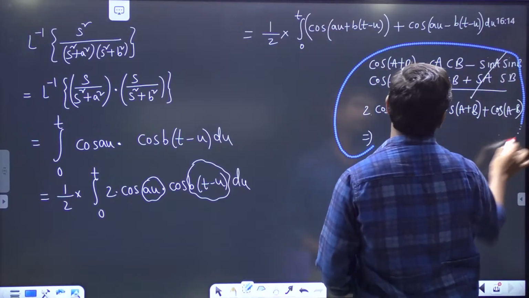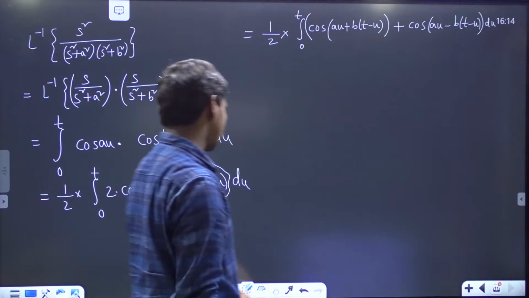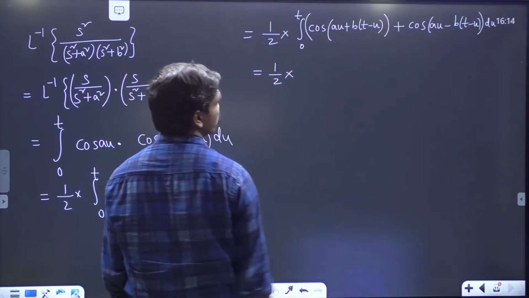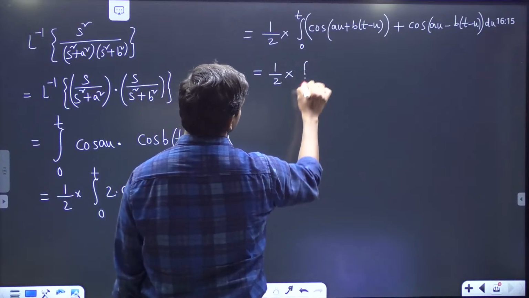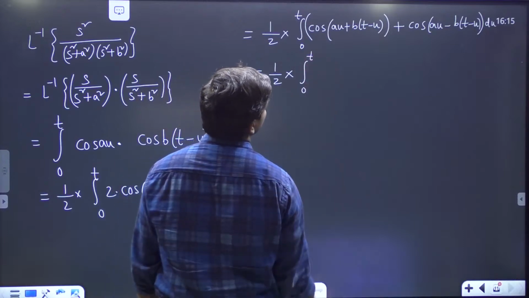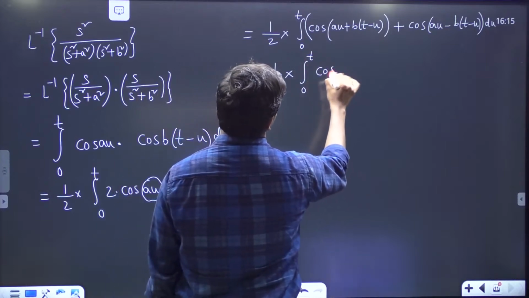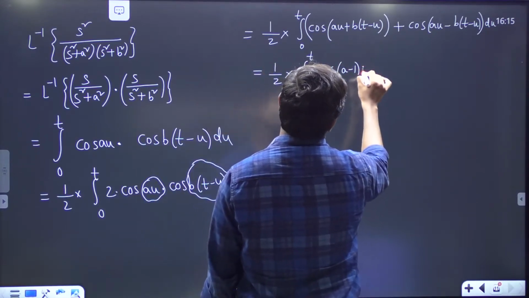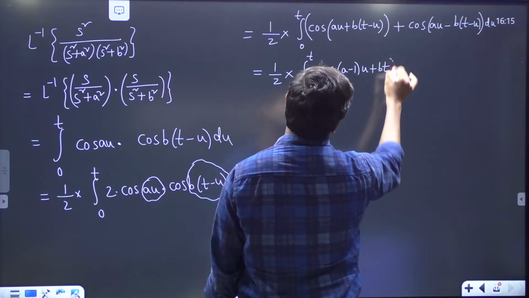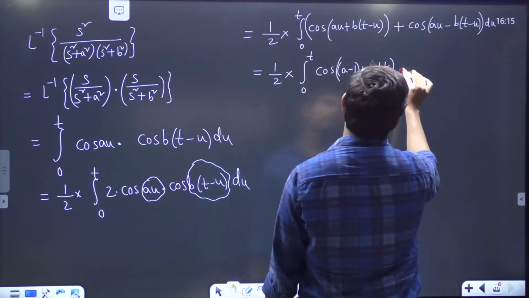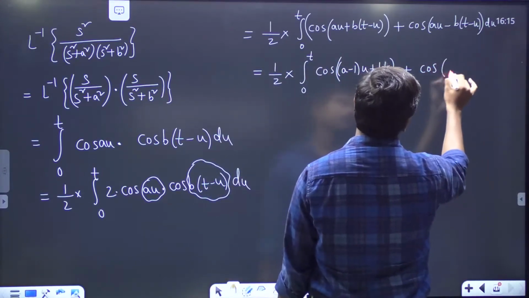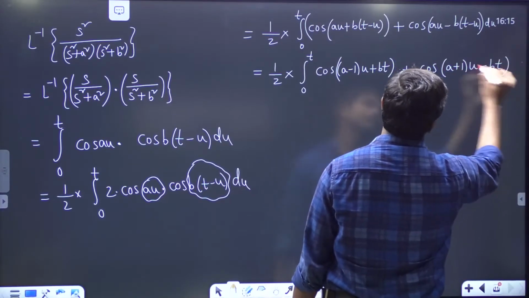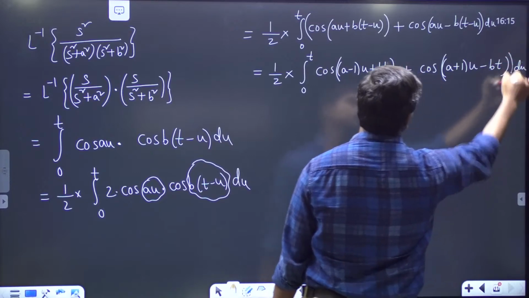If you apply this, you can calculate half into the integral from 0 to t of cos((a − b)u + bt) plus cos((a + b)u − bt) du on a total basis.